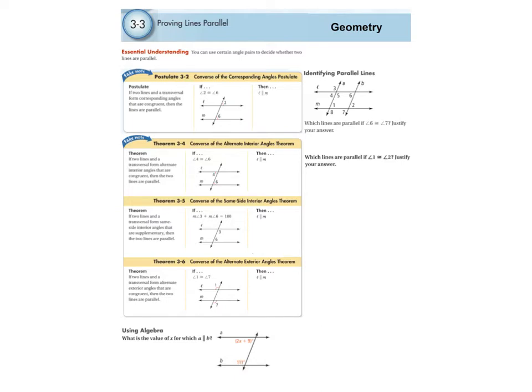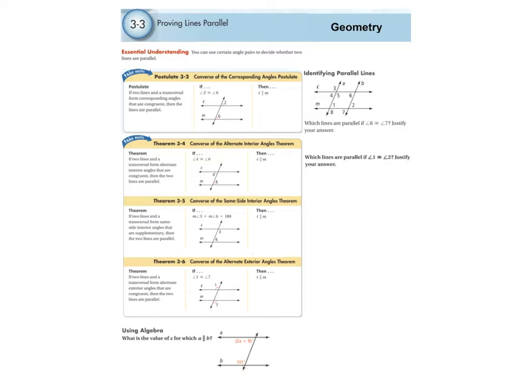If lines are parallel, cut by a transversal, then corresponding angles are congruent, right? Well, now we're going to flip that around. We're going to say, if corresponding angles are congruent, then the two lines cut by a transversal must be parallel. Okay? So it's just the converse of what we did the days before.